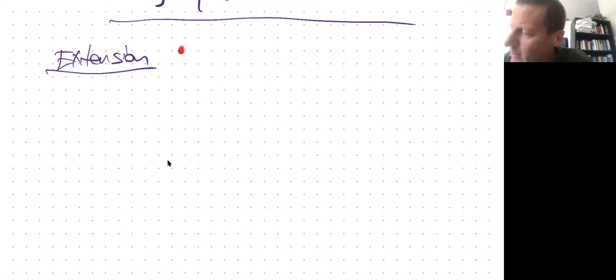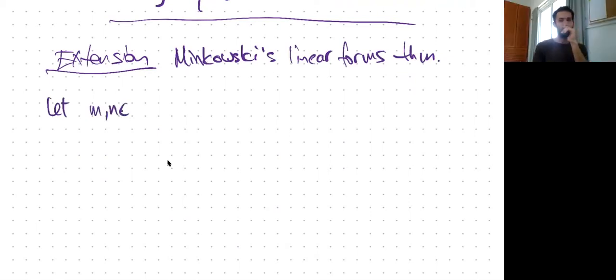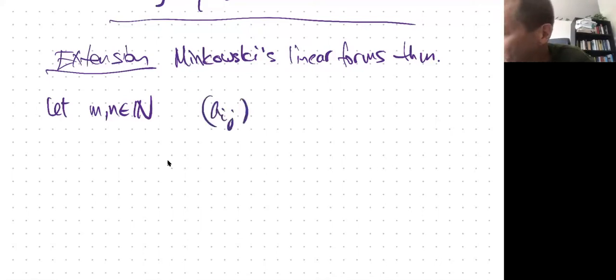And this is called Minkowski's linear forms. So we take two dimension parameters, m and n, positive integers. A_ij is a real matrix of size n by m.